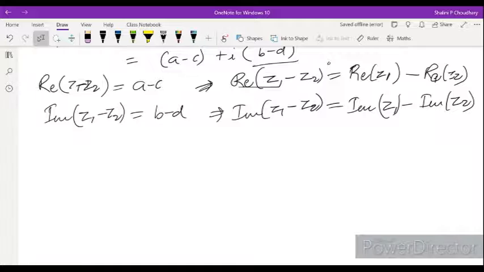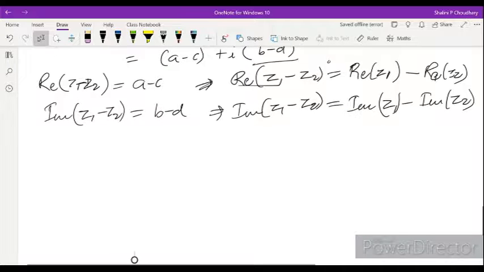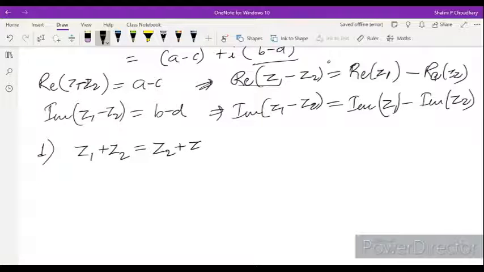Before that, we'll see some properties of addition. Property number 1: if z1 + z2 is there, then z1 + z2 will be equal to z2 + z1. There will be no change.